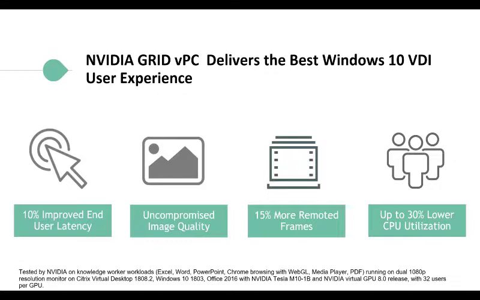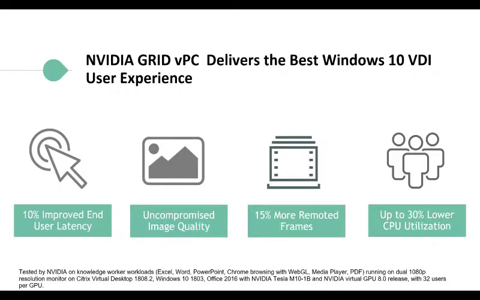So here we had an HPE SimpliVity box in the lab, and we ran Citrix Virtual Desktop, the 1808.2 version with Windows 10 1803, and we ran our knowledge worker workload, which has the applications and workflows in them that I mentioned before. So Excel, Word, PowerPoint, Chrome browsing with WebGL, PDF viewing, etc. And we tested with a dual 1080p screen, and we measured our usual metrics. So end user latency, image quality, frame rate, and we also looked at the utilization on the server.